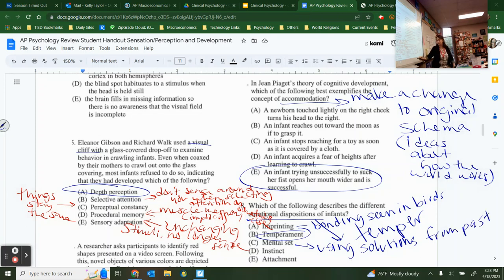An instinct you are born with, like flying south for the winter. Humans don't have too many of those. And then attachments. Does anyone remember the different types of attachment? Secure and insecure. Does anyone remember the psychologist's name that goes along with that?